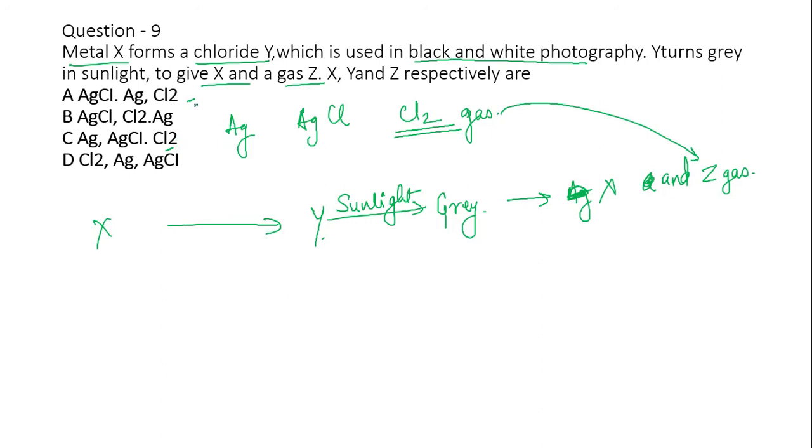So out of C and A, you will find that metal X has. That means X is a metal, not a salt. But Y is a salt.